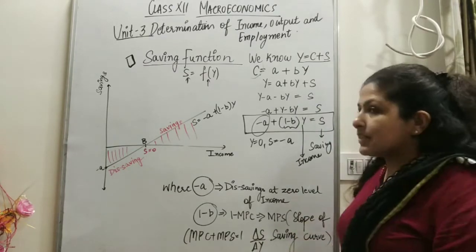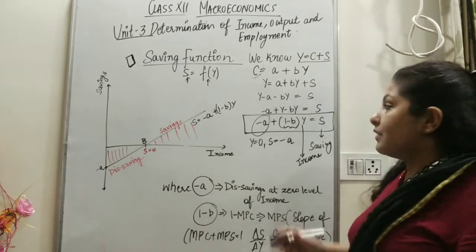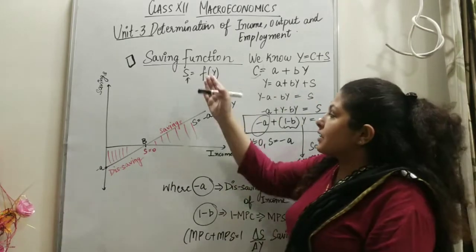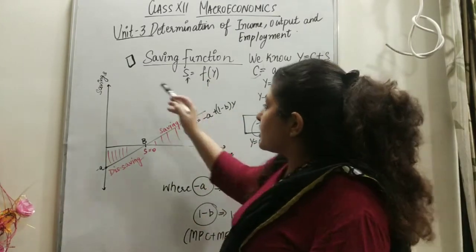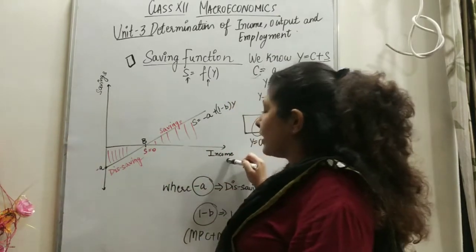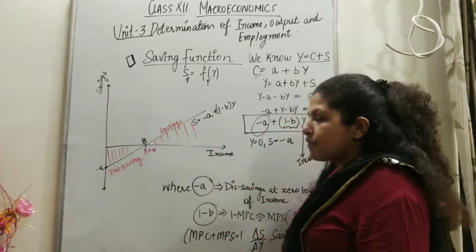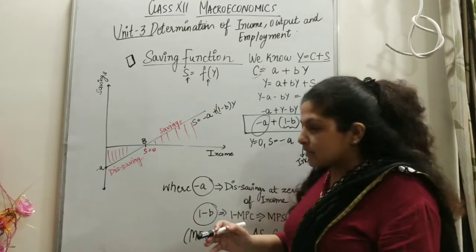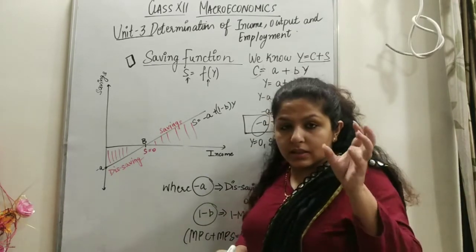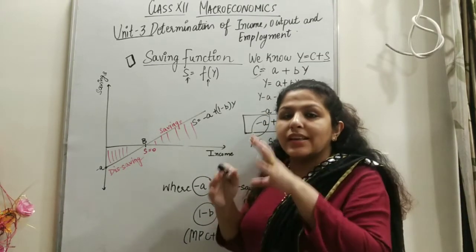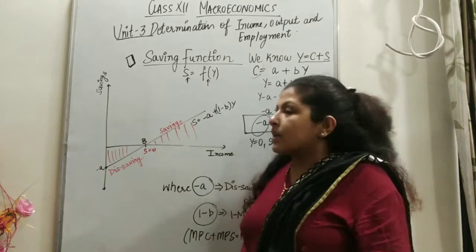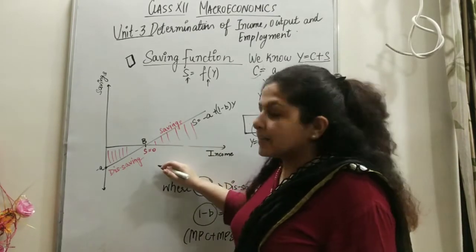It is also known as the slope of the saving curve. So let's see how the saving curve looks. Savings are like this, and they are derived just from consumption. In the next task we will understand how the saving curve is derived from the consumption curve. Let's first understand the saving curve.